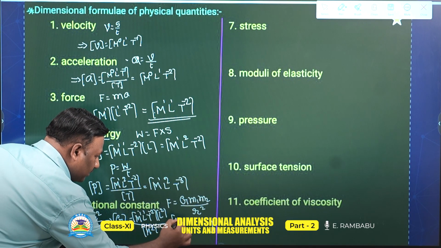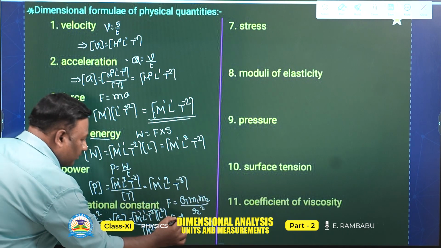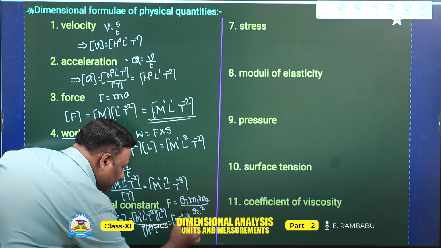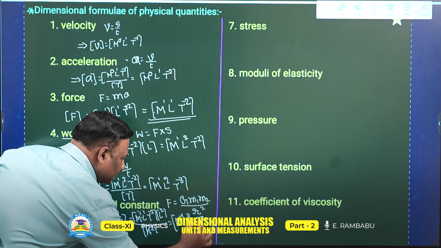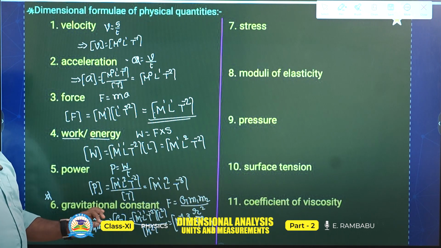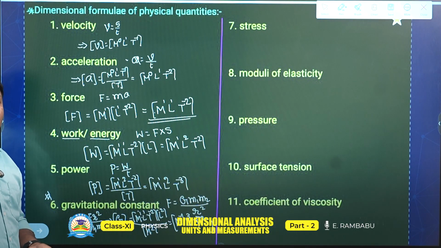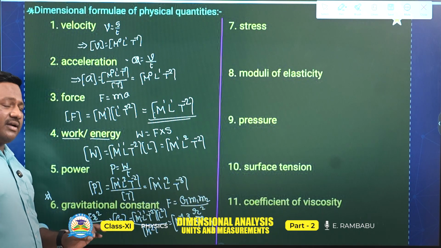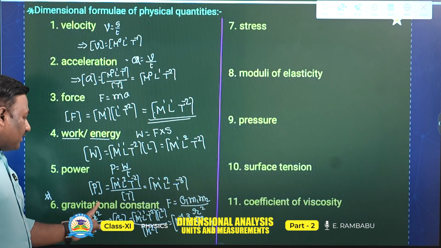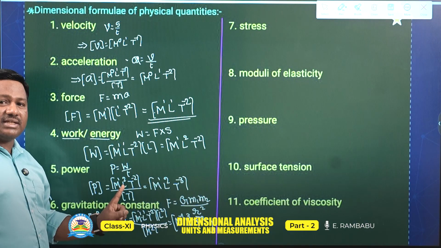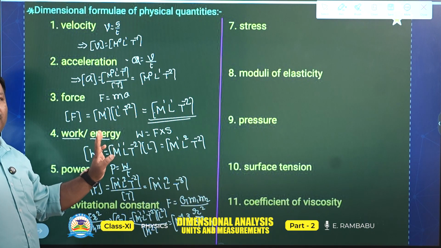It is M to the power minus 1. Here L to the power 1 and L to the power 2 make L cube, and time is T to the power minus 2. So try to remember and try to understand the procedure to calculate the universal gravitational constant, because directly remembering the formulas is difficult, but if you understand the procedure, then you can write the dimensional formula of any physical quantity.